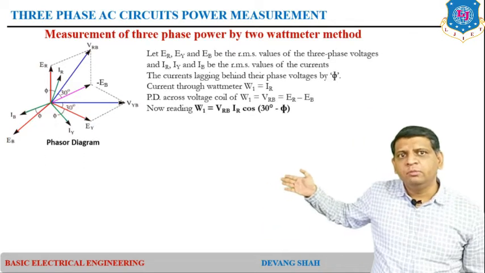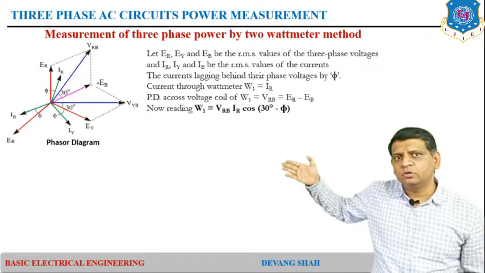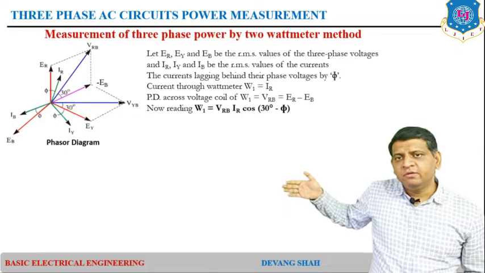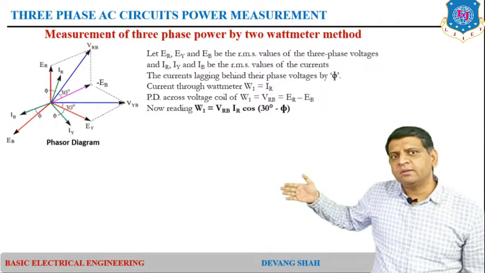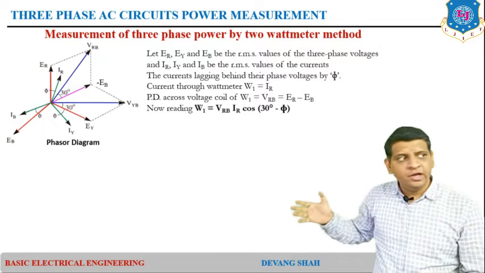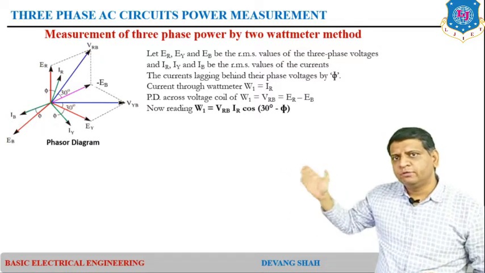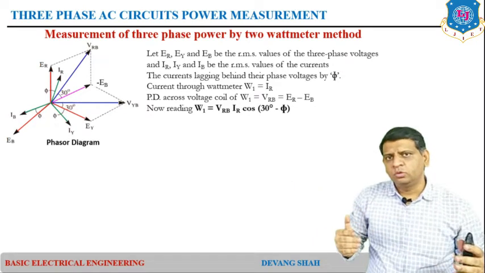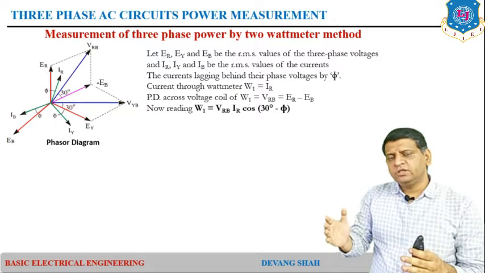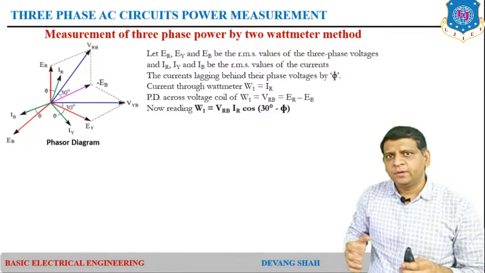The wattmeter reading W1: the current passing through W1 is IR, and the potential difference across W1 is VRB, which is equal to ER minus EB. Now for the reading of W1 from this phasor diagram, you have to find the relationship of the current passing through the current coil and the potential difference or voltage drop available at the pressure coil.